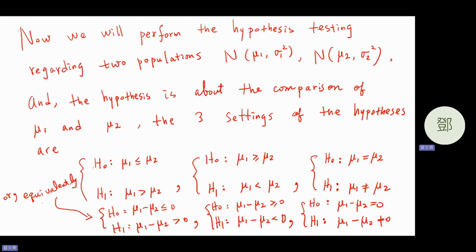We are interested in their difference, and whether they are equal or not. So we turn this into this, and this into this, and this into this, and these two settings are equivalent.